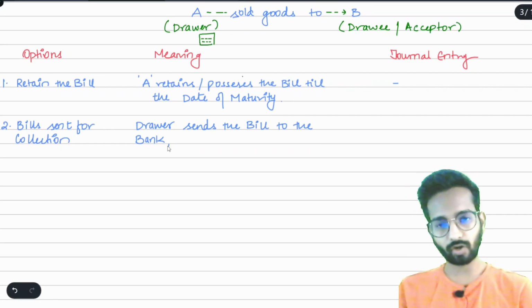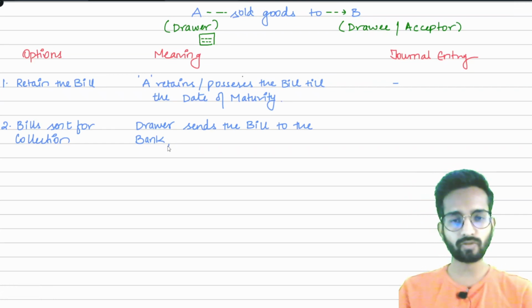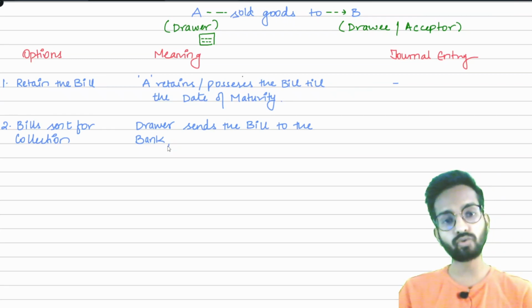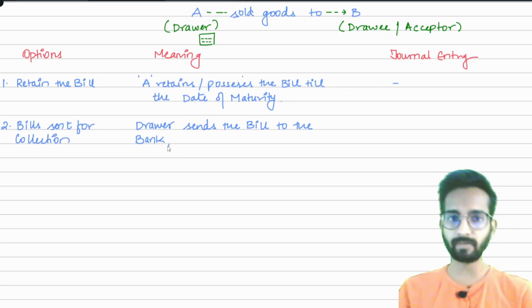And drawer tells the bank that you have to do one particular job for me, that is I am giving you this bill, on the due date, that is after 2 months, you go to B and get money.